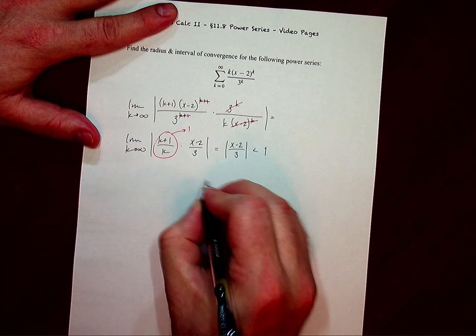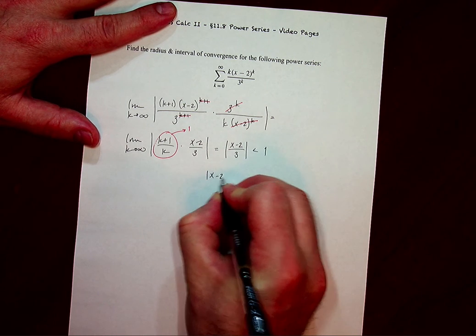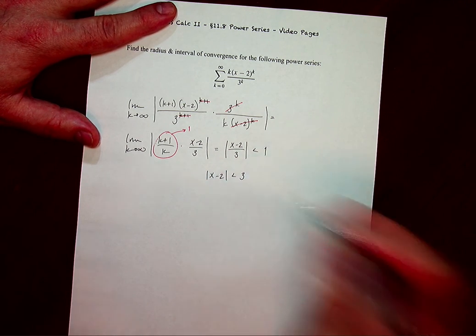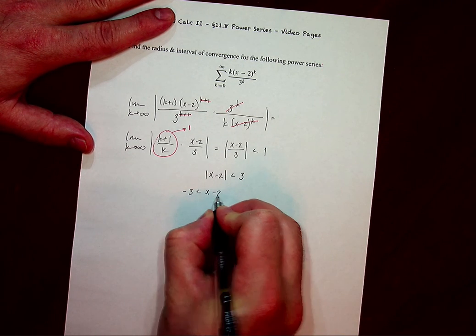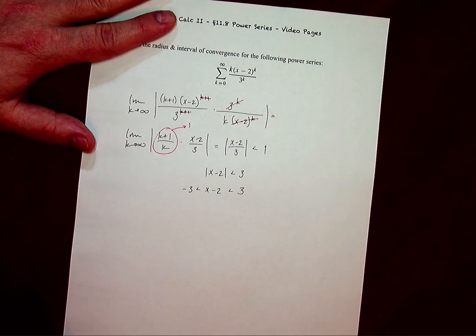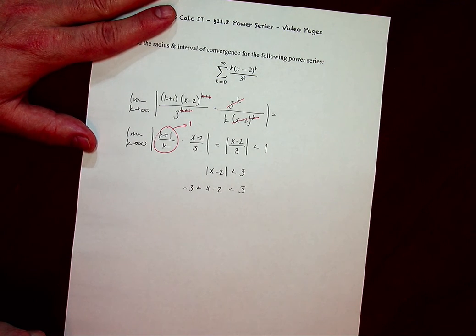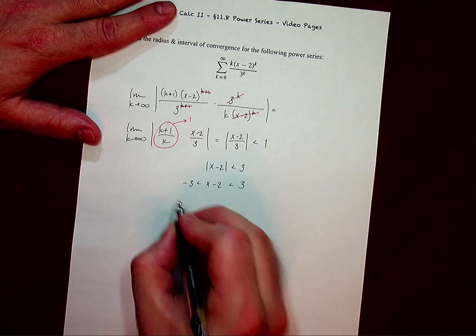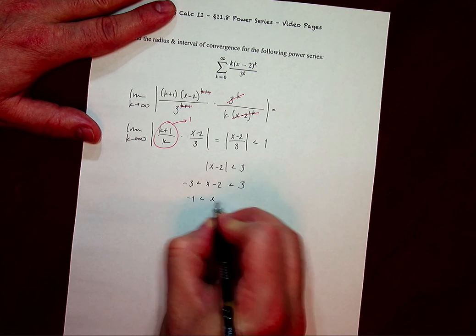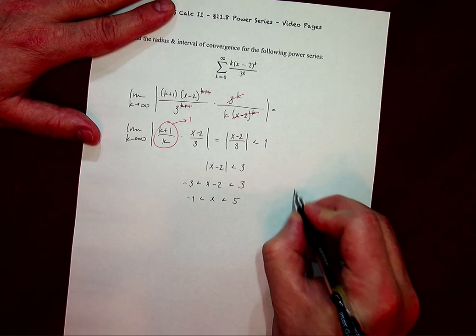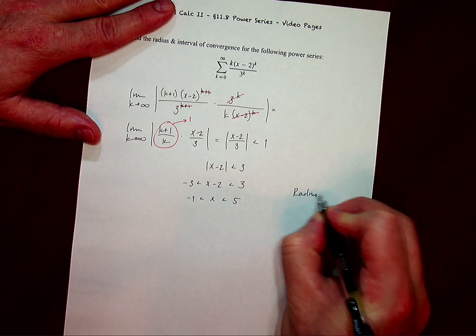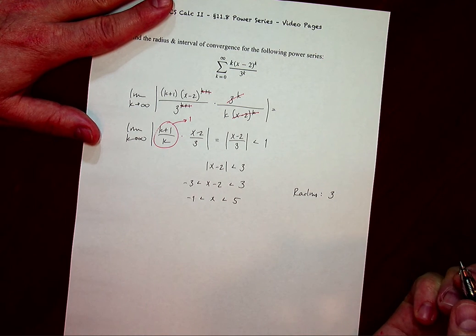Because if the center is at 2, x minus 2 is less than 3, and it turns into that kind of three-part inequality, at which point we have negative 1, x, and 5, and now we know that our radius of convergence is 3, not 1 anymore.